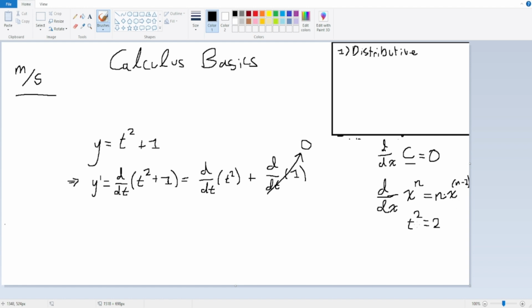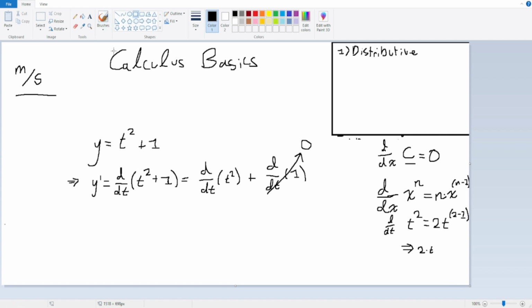And then our x is really t, so let's put t here. And then t becomes to the power of n minus 1. So n was 2, and then minus 1. So this is t to the power of 1. So the derivative with respect to t of t squared is equal to 2 times t to the power of 1, which you don't have to write since it is just t.